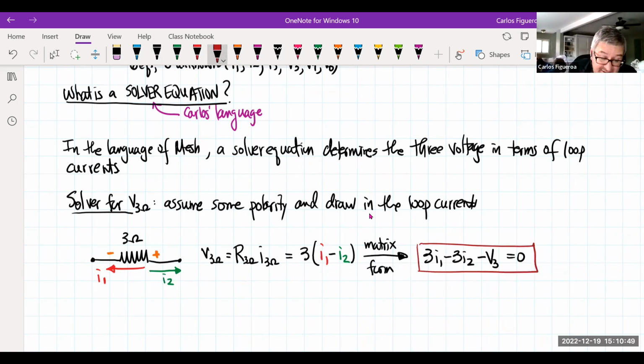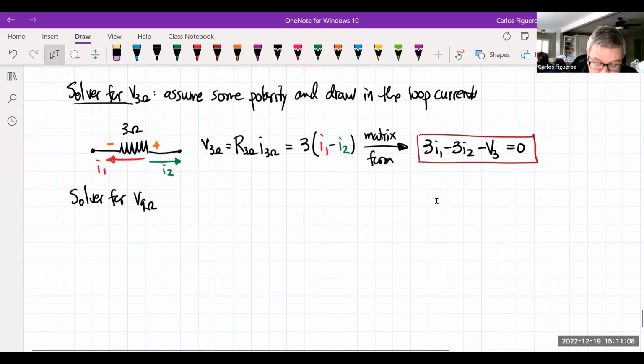Now I could do the exact same thing for the other 2 resistors. So I'm going to look at a solver for V9 ohm, and I start the whole process all over again. The process goes like this, it's the exact same thing. I assume a polarity.